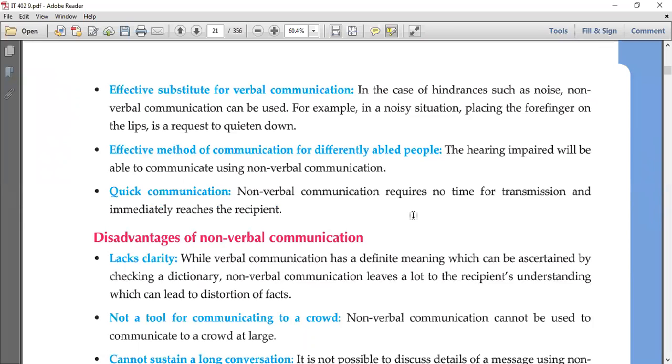Like for example, placing a forefinger on the lips is a request to quieten down. You can request somebody to be quiet just by placing your forefinger on the lips, right? So you need not speak. With the help of that gesture only, you can explain what you basically want to convey.